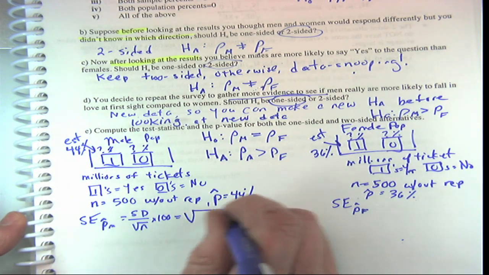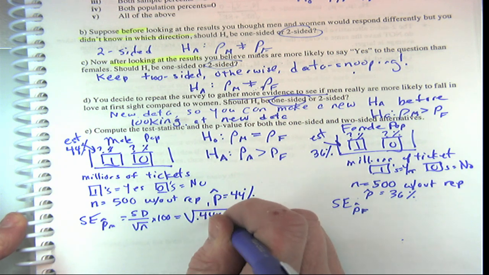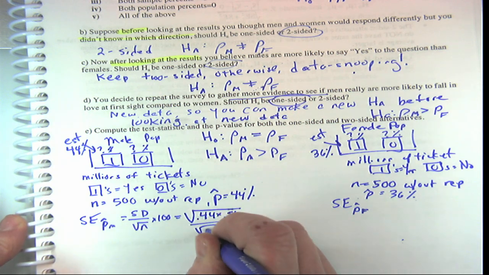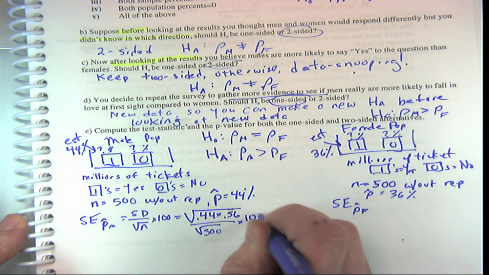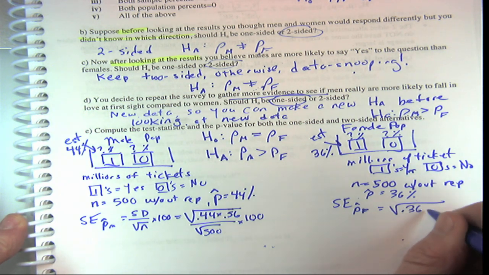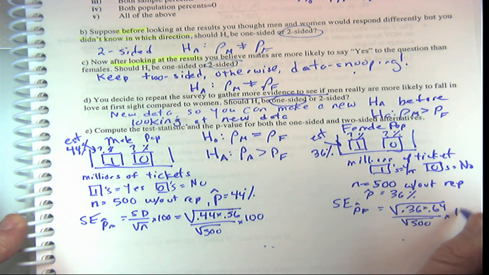So we get the square root of p as a decimal times 1 minus p, over the square root of n, times 100. And here we do the same thing, the square root of 0.36 times 0.64 over the square root of 500, times 100.